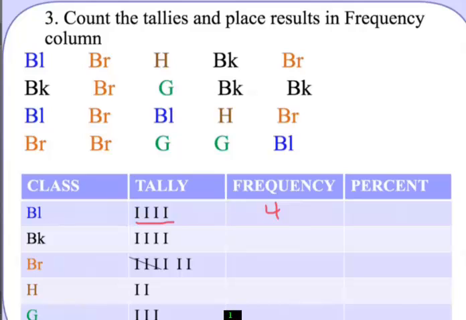I'm going to count how many are in the black tally, and that's 4. I have 7 in the brown, I have 2 in the hazel, and I have 3 in the green. What I did was count up how many tally marks I had and put that here in the frequency column. I just put the numerical number of the tallies that I had.